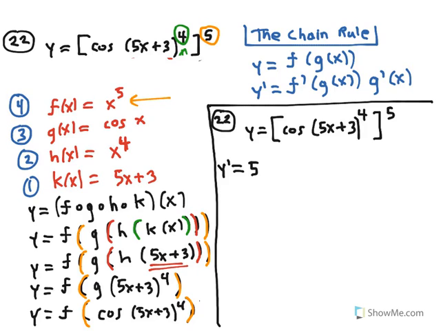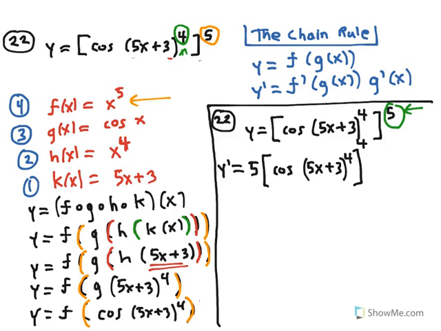So you would have 5 times, and you will evaluate this derivative at the inside function of cosine of (5x plus 3) to the 4th. And then you have to subtract 1 from this exponent of 5. 5 minus 1 is 4. So you're going to write 4 here.